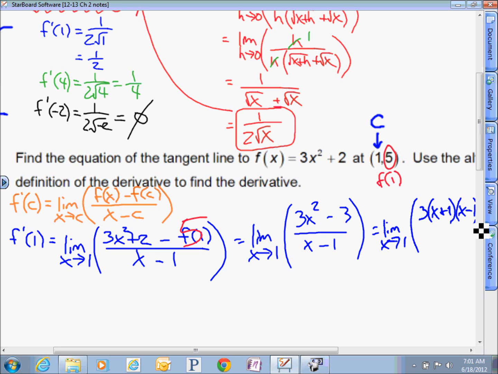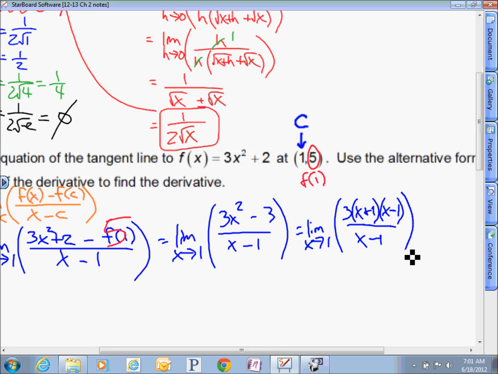We'll have difference of 2 squares. And now my x minus 1s will drop. Once my x minus 1s drop, my direct substitution will work. What am I going to end up with? I think I'm going to end up with 3 times 2, or 6, by my direct substitution. And that 6 represents my value of the derivative at x equals 1.